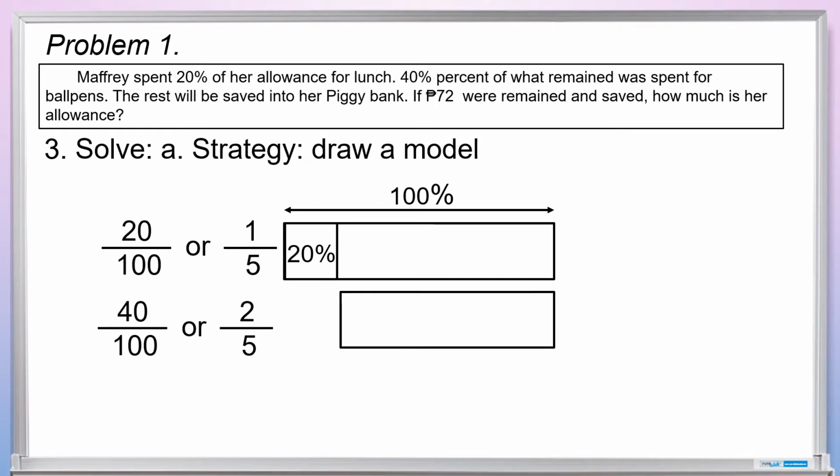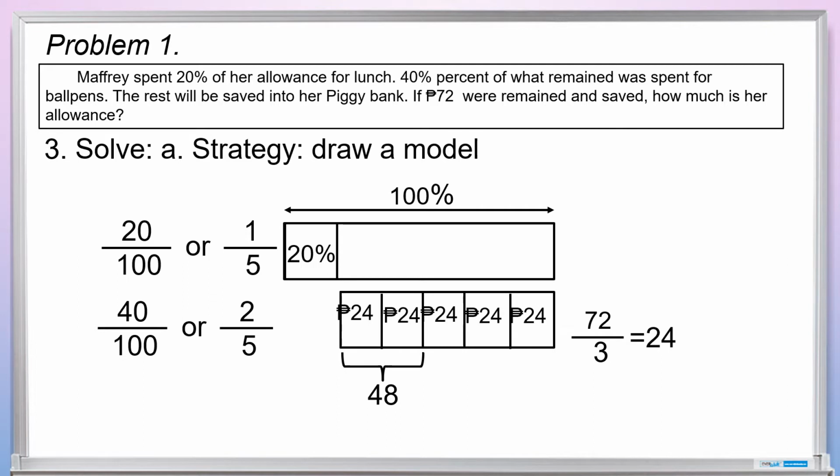Since 72 is 3 of 5 parts, I will divide it by 3 to get 1 part. So 72 divided by 3 is 24. Each 1/5 is equal to 24. And 40%, which was spent for ball pens, is equal to 48.